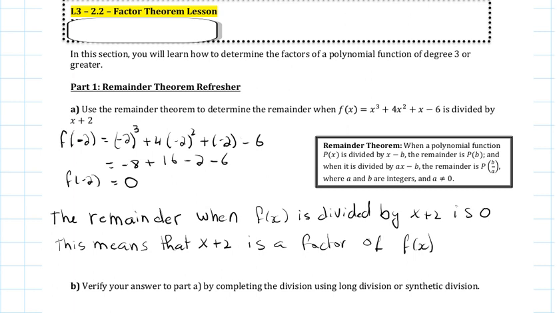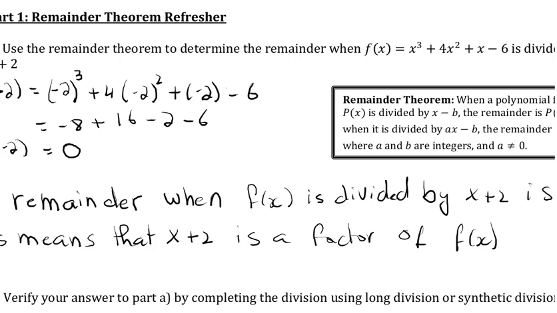So when you use the remainder theorem, you plug in the 0 of the divisor into the function, and if you turn out to have a 0 as the remainder, then you know for sure that this is a factor of f of x. Any other number other than 0, then it's not a factor.